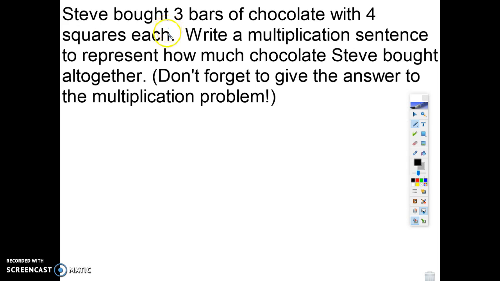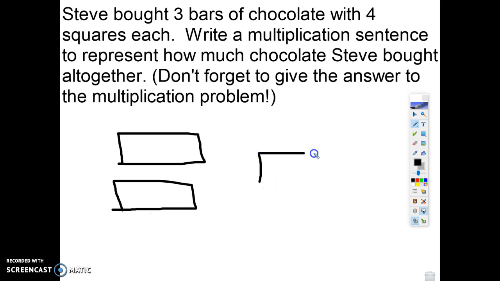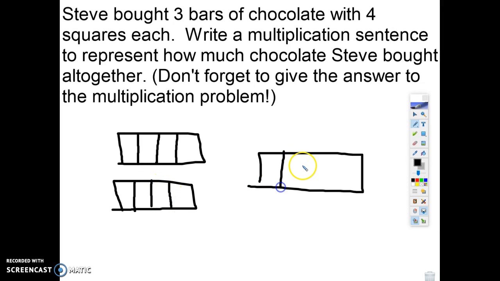So Steve bought 3 bars of chocolate. 1, 2, 3. Okay, and then the second part says with 4 squares each. So now I'm going to draw 4 squares each. 1, 2, 3, 4.